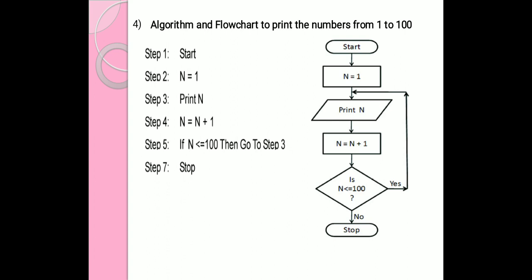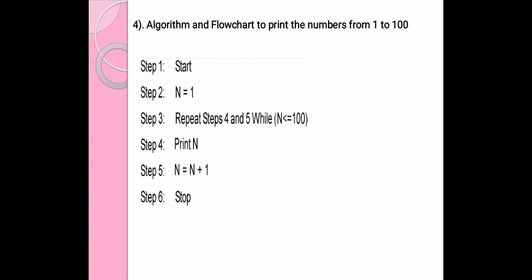stop. And this program can also be written in another way, that is: start, n equal to 1. Repeat steps 4 and 5 while n is less than or equal to 100. Step 4, print n. Step 5, n equal to n plus 1. And the last step is stop.